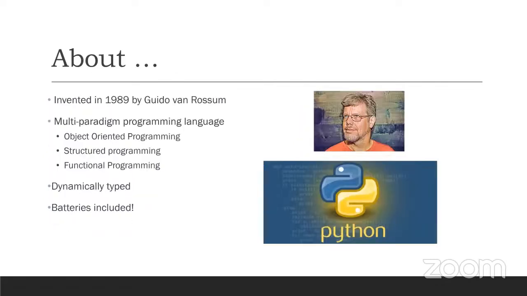All right. So who invented Python? Guido is famous for it. He's now working for Dropbox, and he invented it in 1989. It was supposed to be an easy language. That was the intention.